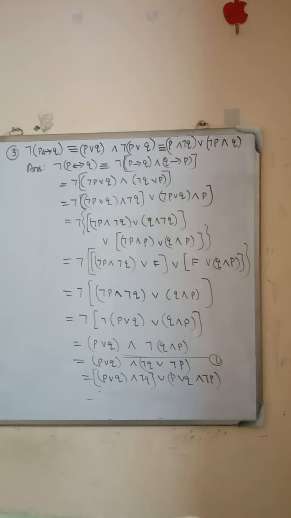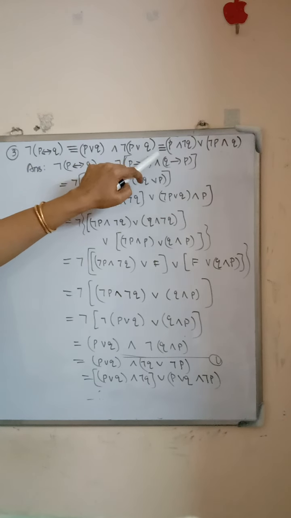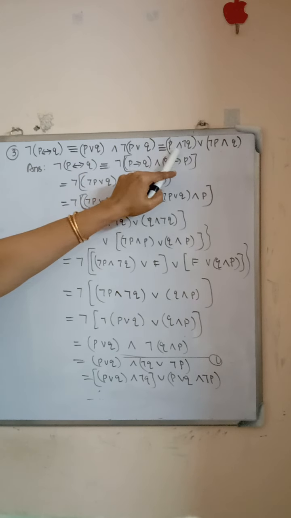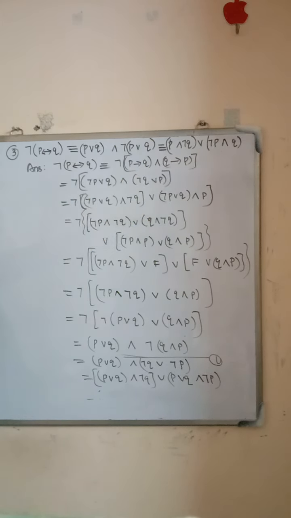Consider the third problem. Negation of P biconditional Q is equivalent to P or Q and negation P and Q, and is also equivalent to P and negation Q or negation P and Q. First we prove these two equalities.